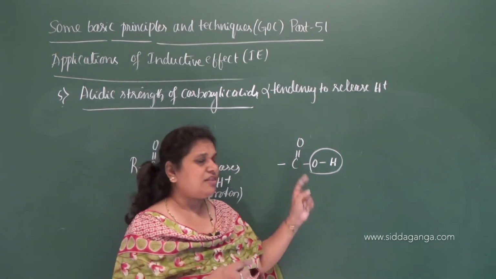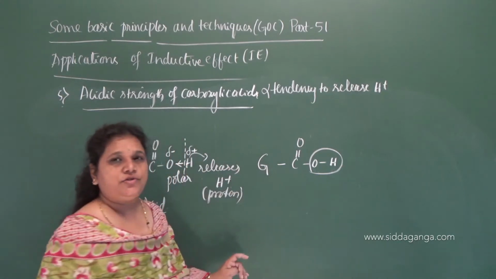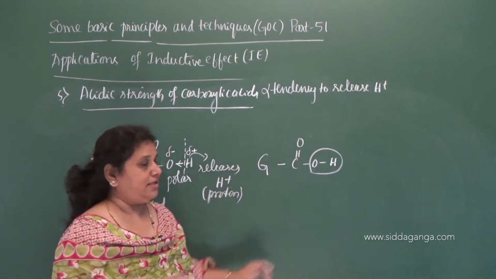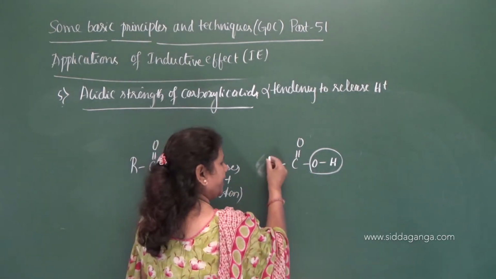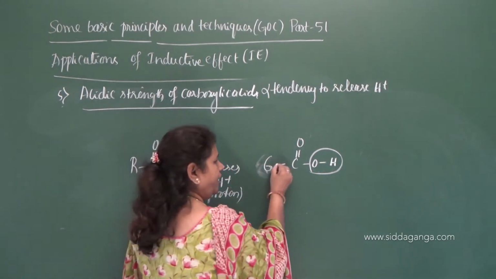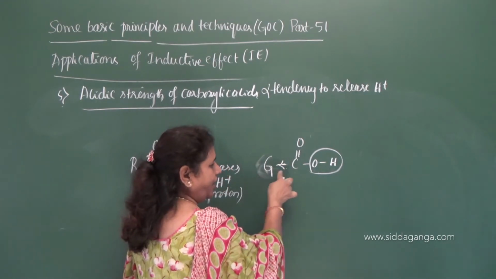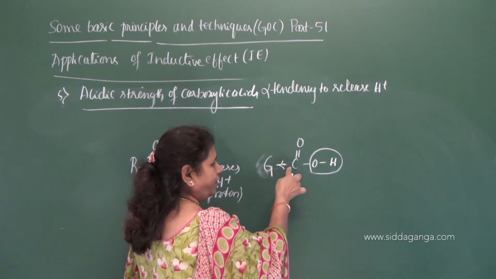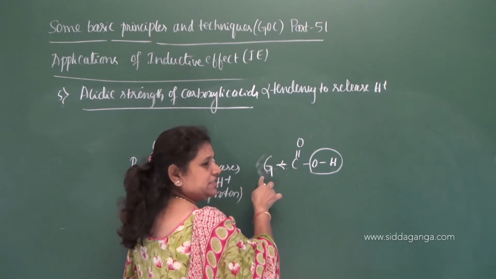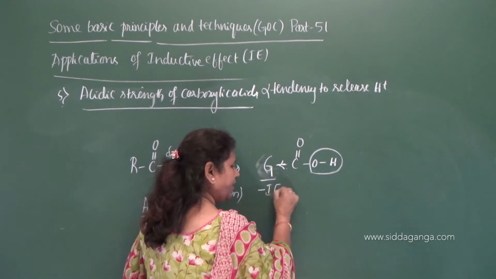So the strength of the OH bond depends on the group attached to the carboxylic acid. ಯಾವ group ಇಲ್ಲಿ attach ಆಗಿರುತ್ತೆ ಅದರ ಮೇಲೆ ಡಿಪೆಂಡ್ ಇರುತ್ತೆ. For example, if the group is electron withdrawing, if it withdraws or displaces the sigma electron of this carbon towards itself, this is a substituent group, then it exerts a negative inductive effect.